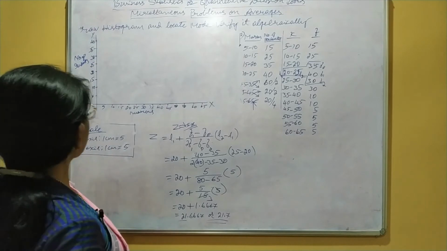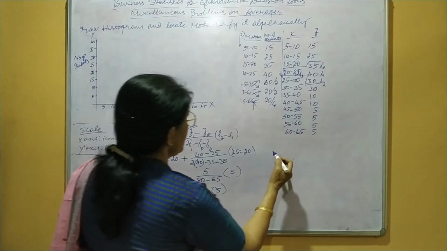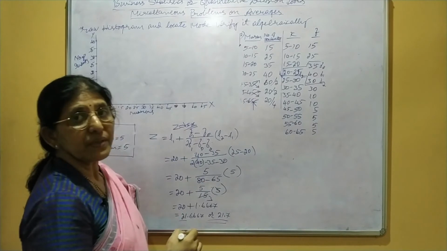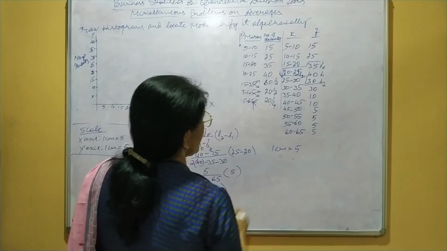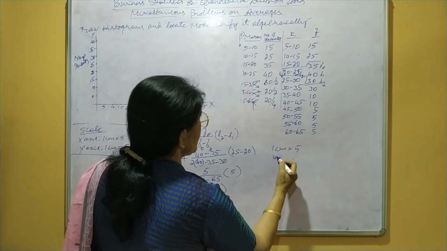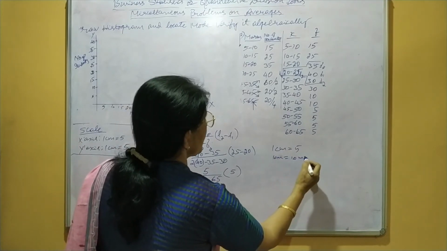Now, in this case, on the y-axis we have taken 1 centimeter equals 5, and it is known to you that 1 centimeter equals 10 millimeters.